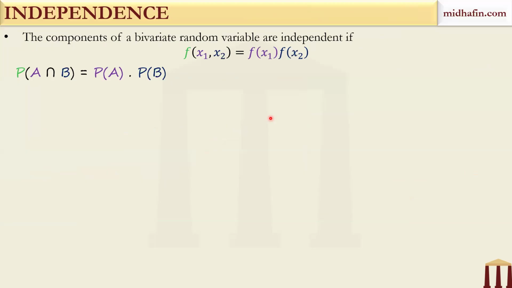So if two components x1 and x2 are independent, then their joint probability is equal to the product of the marginals. Okay, so let's write it. Joint is equal to the product of marginals.